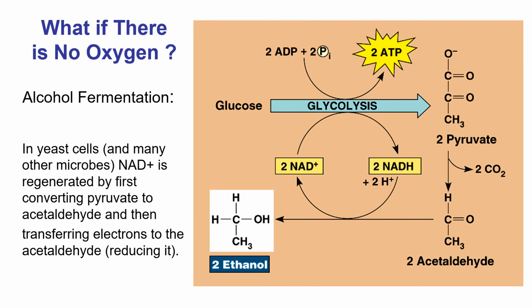But if they don't have oxygen, they'll take the electrons off of NADH, stick them to pyruvate, pull off a carbon, stick that to oxygen to make carbon dioxide, rearrange this to make acetaldehyde, stick the electrons to that to make ethanol. So yeast manufacture ethanol. They also give off carbon dioxide in the process. This process is known as alcohol fermentation.